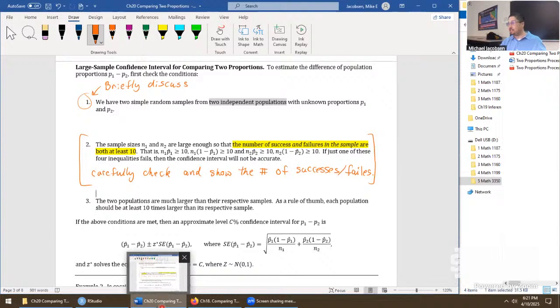Last thing, you don't have to check or mention on your paper, but if you did, it wouldn't be harmful. Just something to be, again, always cognizant of. Our methods break down in a pretty major way if the sample is really large relative to the population, which will cause problems if you're studying something that has a rare occurrence, maybe a rare genetic disorder, something where there's actually a small population.